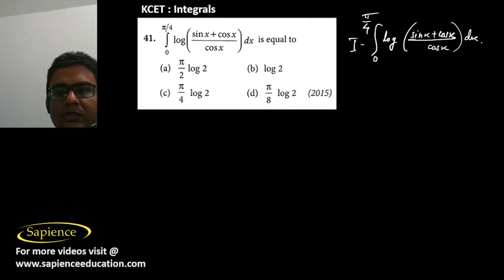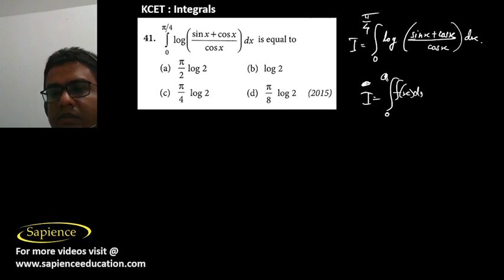So let's say this integral is I. We know that there is one rule: if it is integral 0 to a of f of x dx, that is also equal to integral 0 to a of f of a minus x dx.